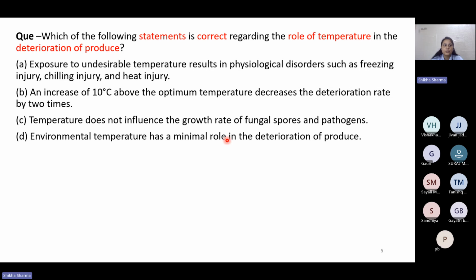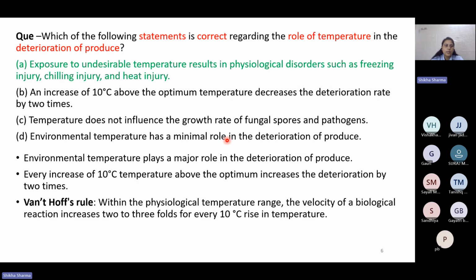Okay, let's discuss the solution. So A is correct: exposure to undesirable temperature results in physiological disorders such as freezing injury, chilling injury, and heat injury.